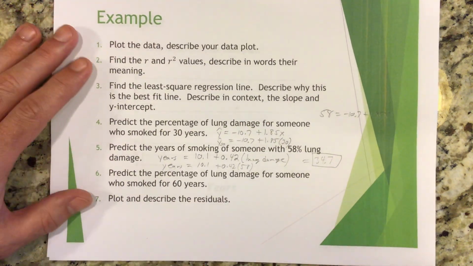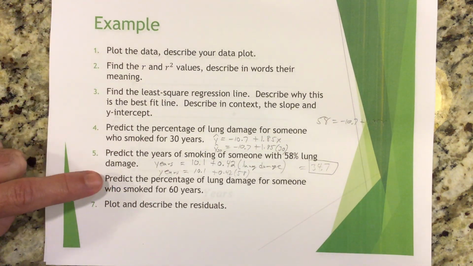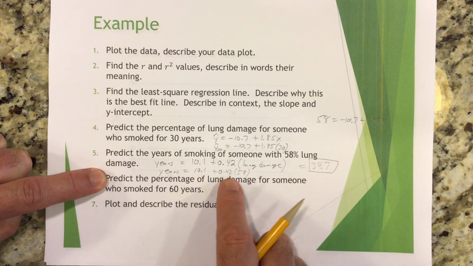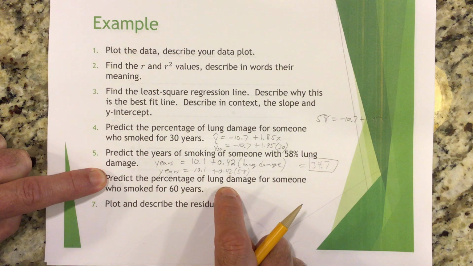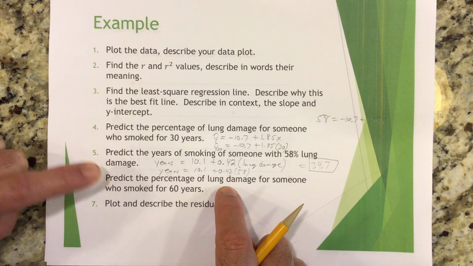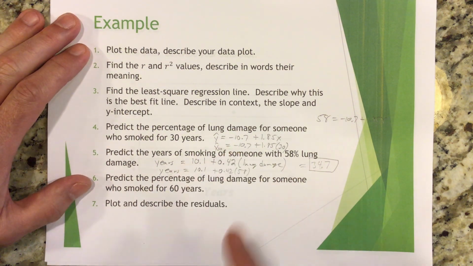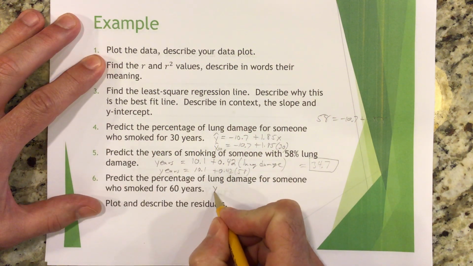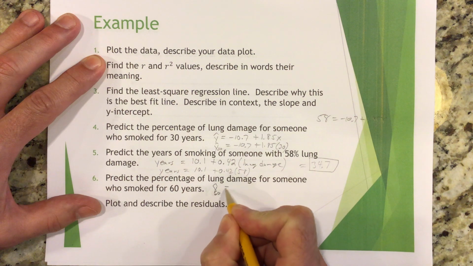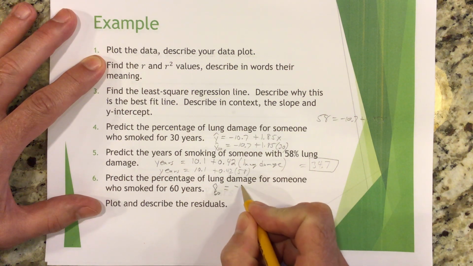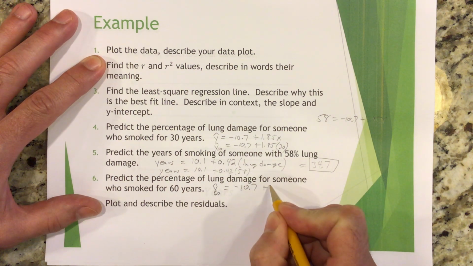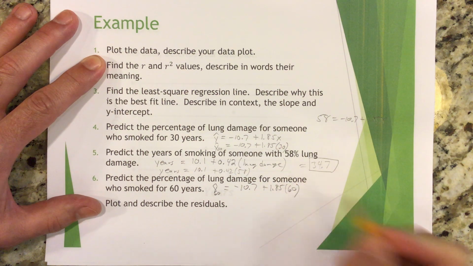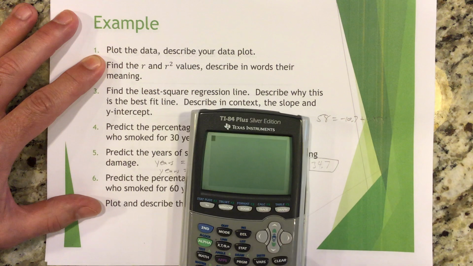All right, let's move on to number 6. Predict the percentage of lung damage. So we're going back to our original relationship where lung damage is the response. Okay, so we're going to go back to this equation from number 4. Okay, work that out.